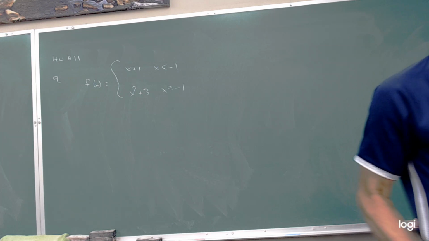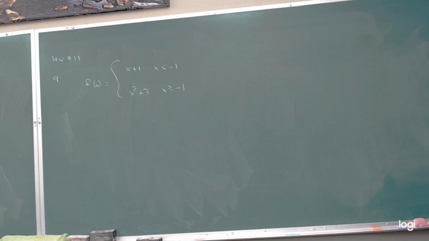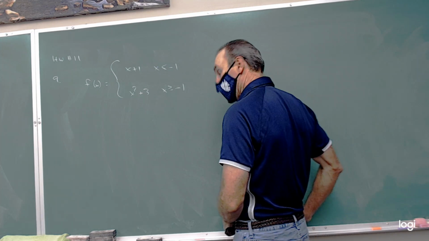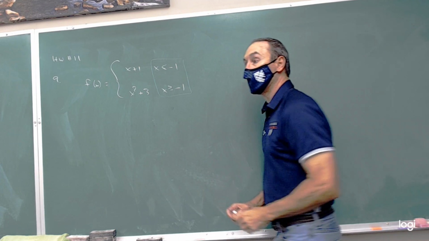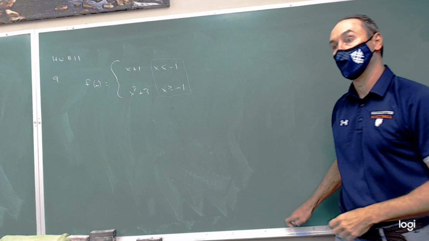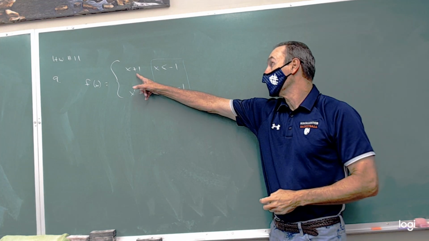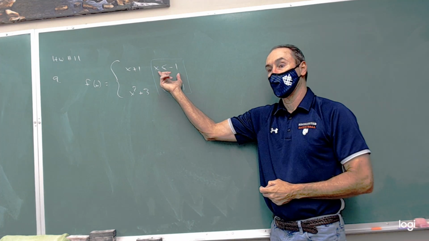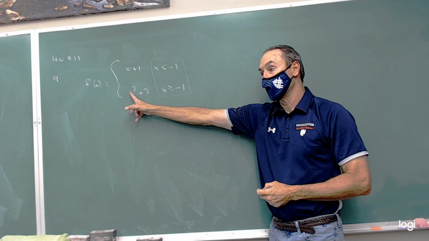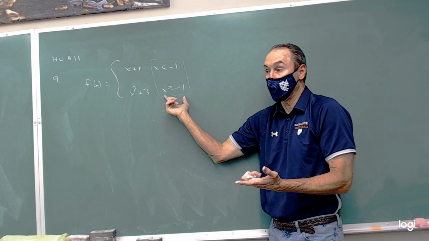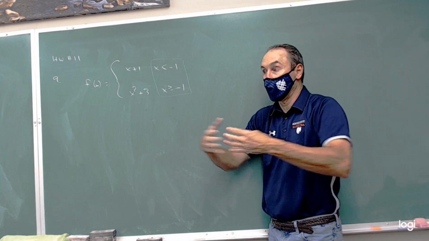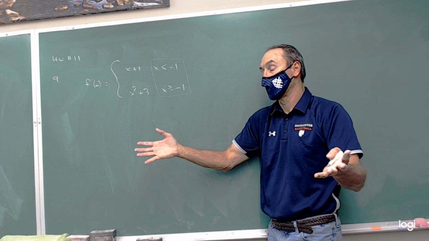Now, the domain question here is not really complicated because it's telling you the domain right here. It's telling you the values of x that you can use. So this part of the function is going to use all the values of x less than negative 1. And this part of the function is going to use all the values of x greater than or equal to negative 1. So between the two of them, we got all the x values covered.